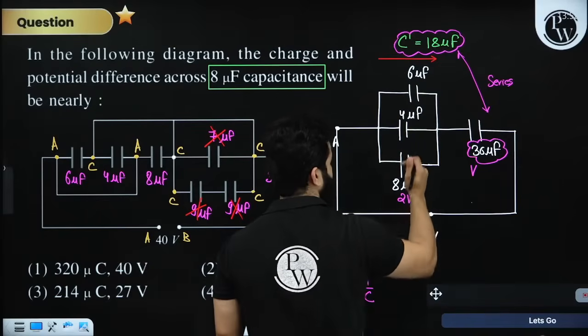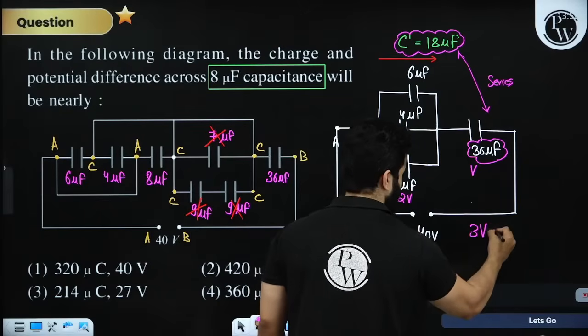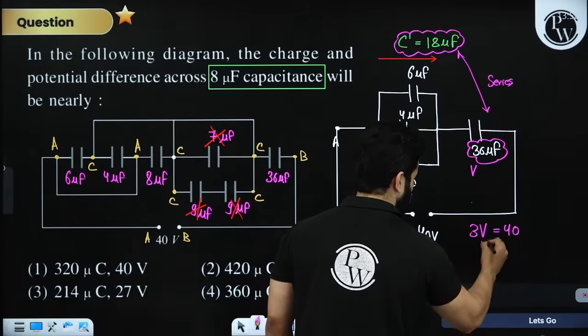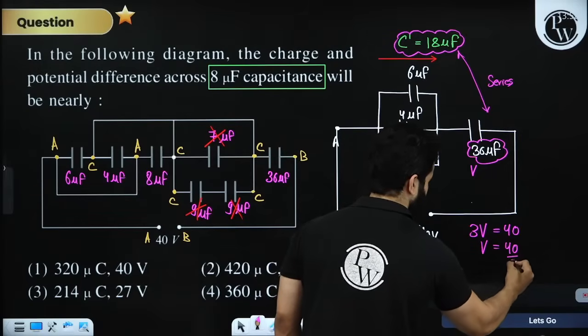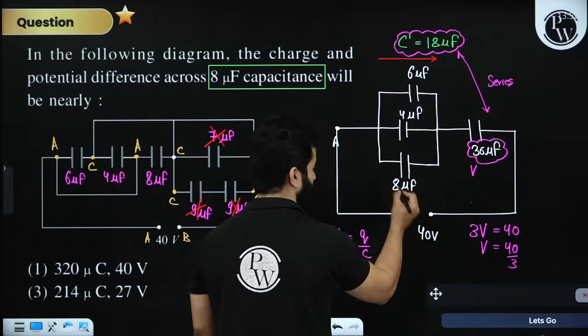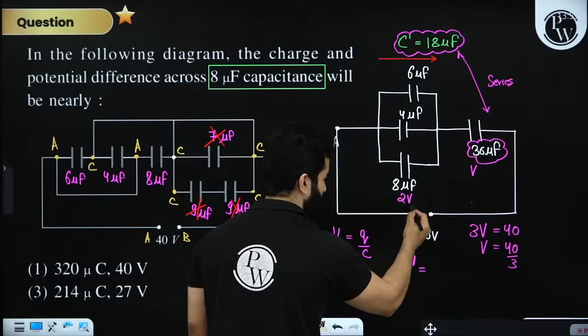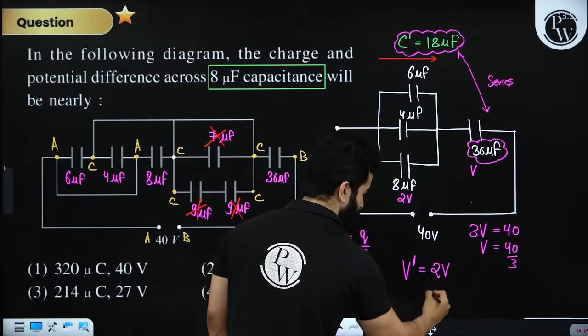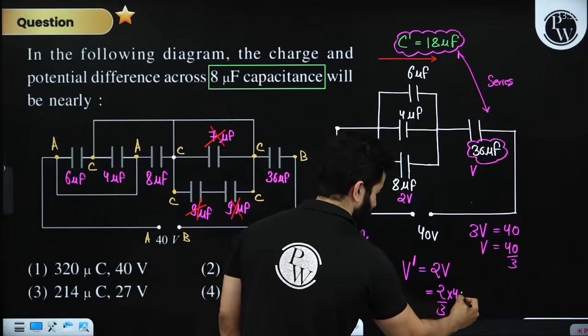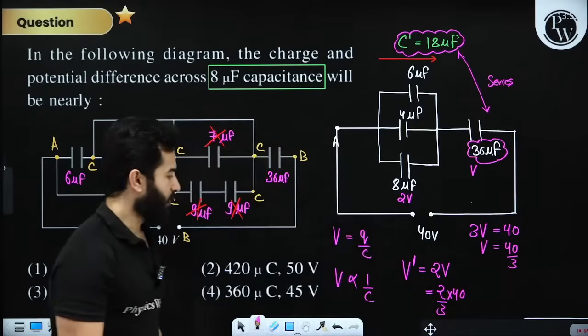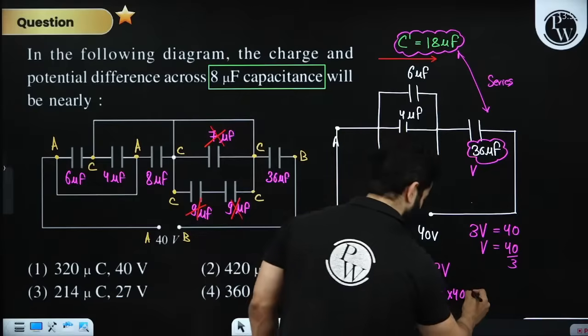This entire thing will get 2V potential and 3V will be equal to 40. So V will be equal to 40 by 3, and we wanted to find the potential across 8 microfarad. So potential across 8 microfarad will be 2V, which is 2 by 3 times 40. So that is 80 divided by 3.